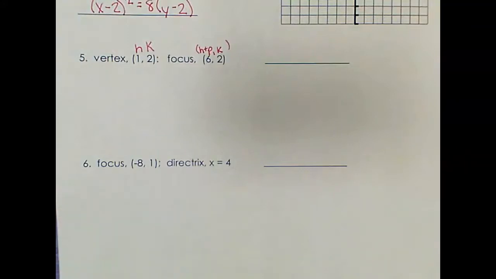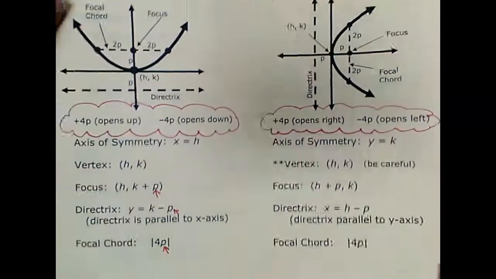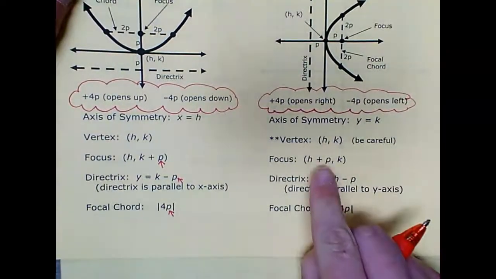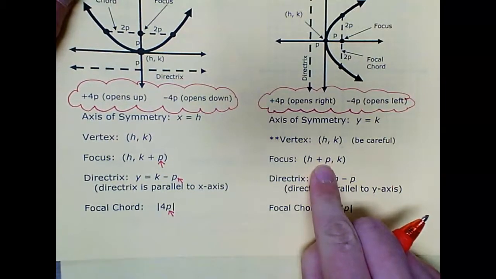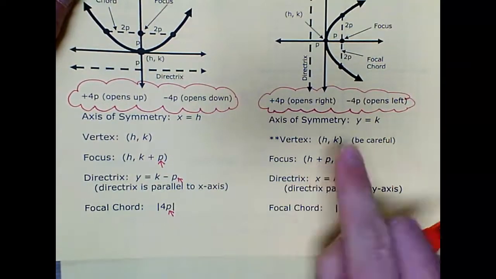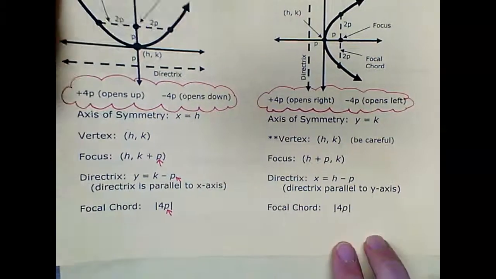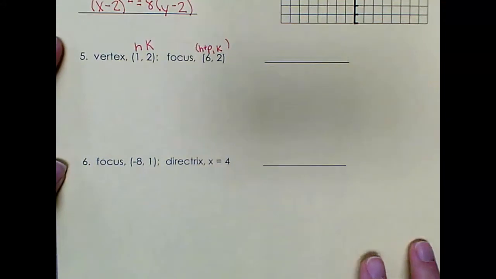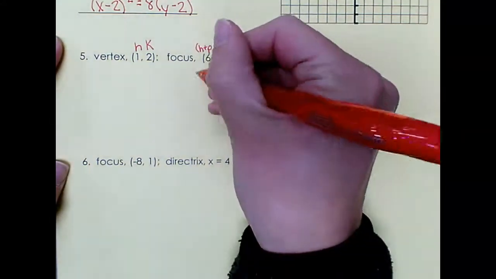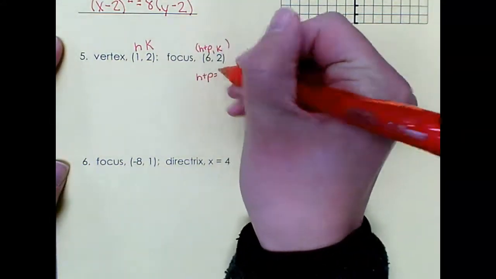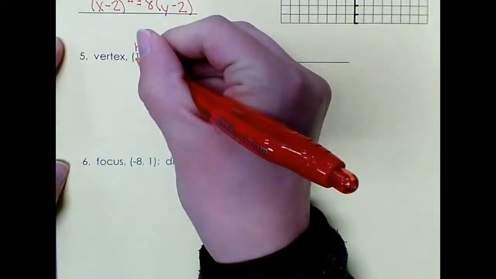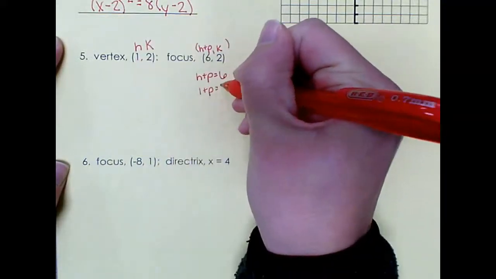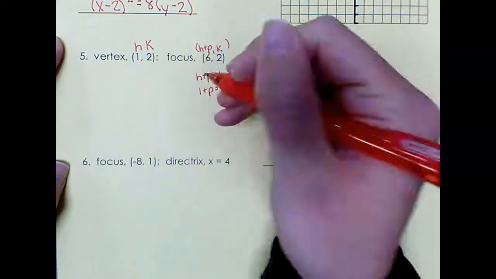That also means that I should be using this information, that my parabola should be opening horizontally, and that y should be squared when I write my equation. So, if h plus p is equal to 6, and h is 1, well, what does p have to be?